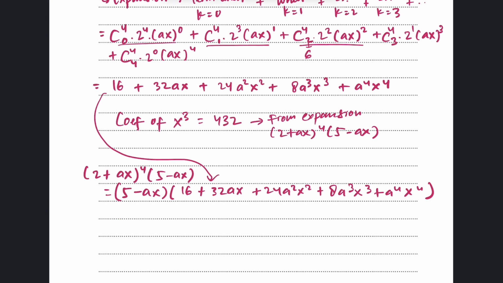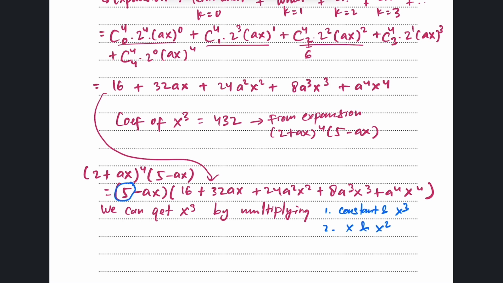So we can see from this that we can get the x cubed term by multiplying the constant and the x cubed term, which gives us an x cubed term.